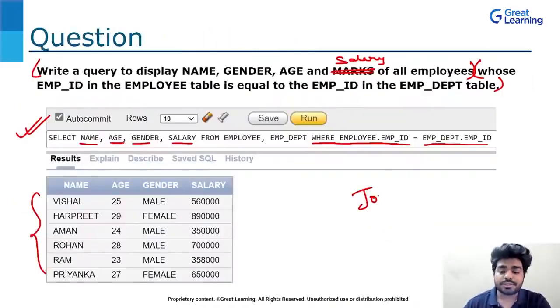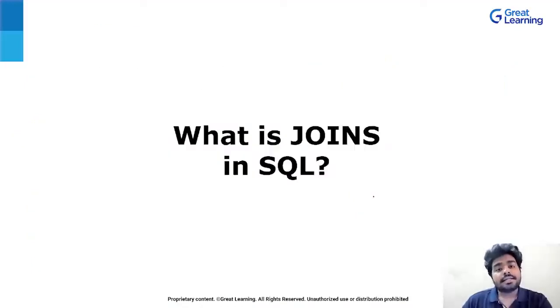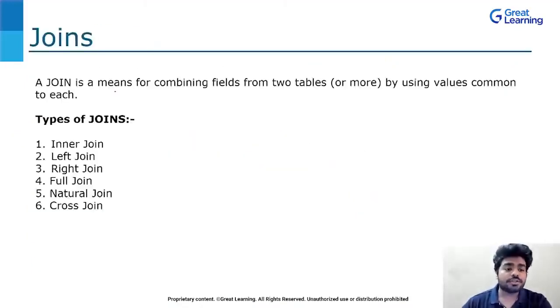Then you have to use the join keyword. How can we do that? Let's see. Now we'll understand what a join is. So join is a means for combining fields from two tables by using values common to each. So we have two tables and we have to join these two tables using the common column which is there.